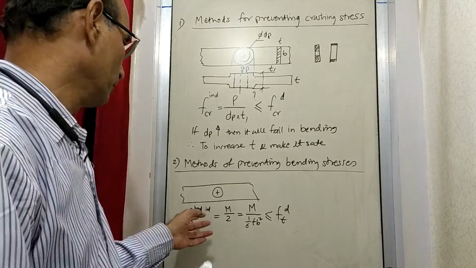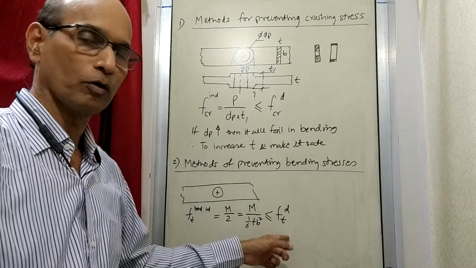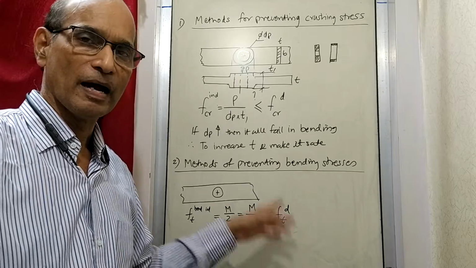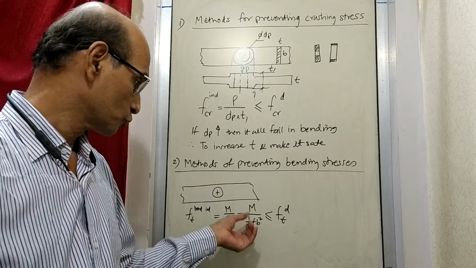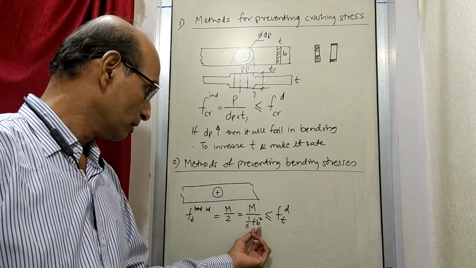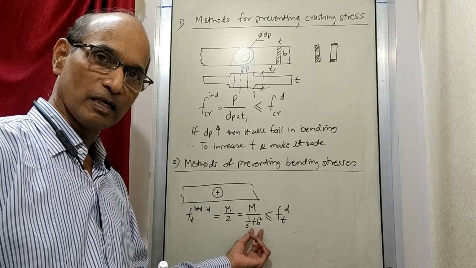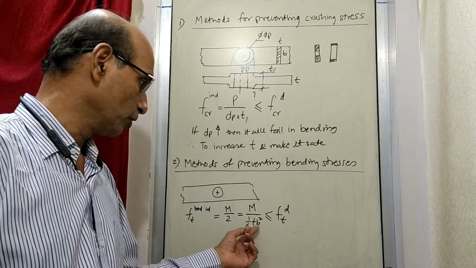So now the induced bending stress here we want to be less than the design, and suppose it is more, then you have to bring it down, so make it less, which will be done by increasing the denominator, by increasing T or by increasing B.